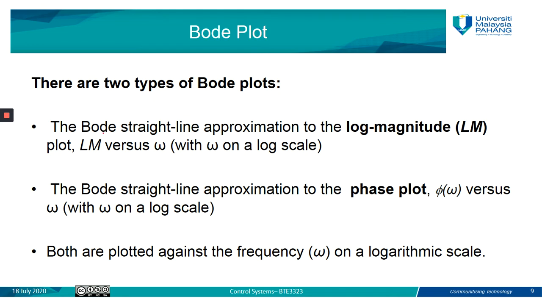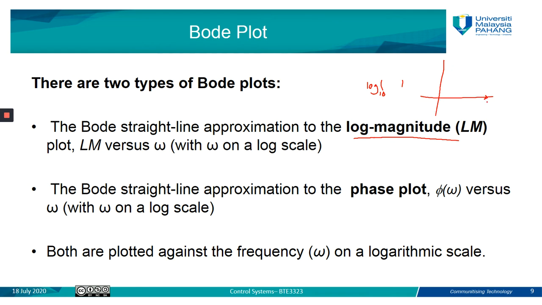One is the Bode plot straight-line approximation of the log magnitude. For the magnitude, we use the log magnitude here. We do not use the direct magnitude of the function. Whatever the function is, we are going to find the log of this function. This is for the y-axis.